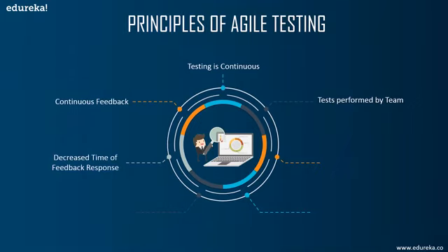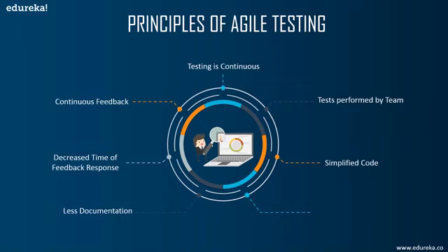Next up is the decreased time of feedback response. Now, the business team is basically involved in each iteration in agile testing, and continuous feedback shortens the time of feedback response. Then we have simplified and clean code. So all the defects which are raised by the agile team are fixed within the same iteration, and it also helps in keeping the code clean and simplified.